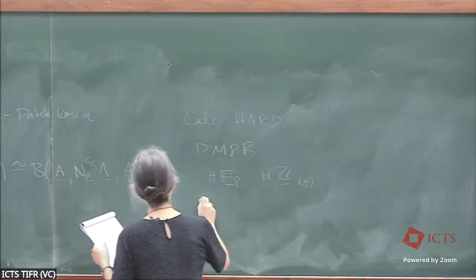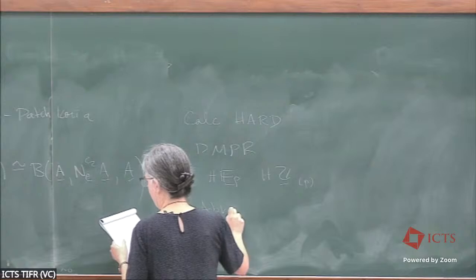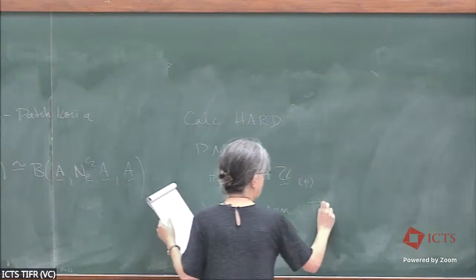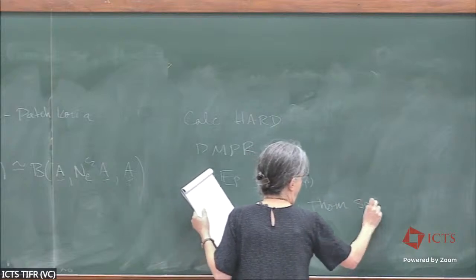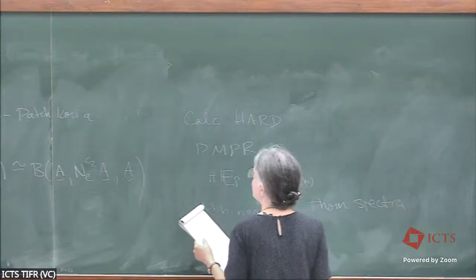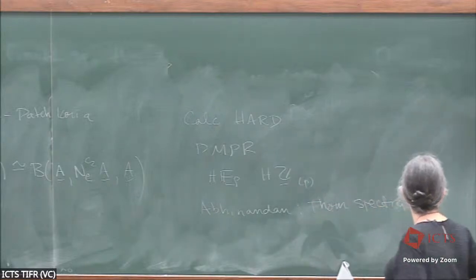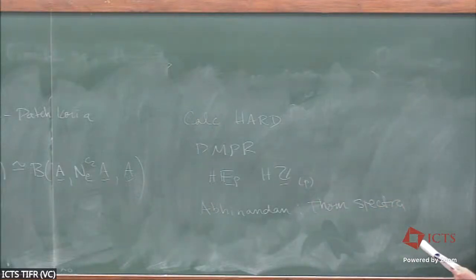And we had a talk of Abhinandan, who talked about Thom spectra and their THR. And hopefully there'll be more calculations of this as time goes by, but it would be nice to have an easier problem.